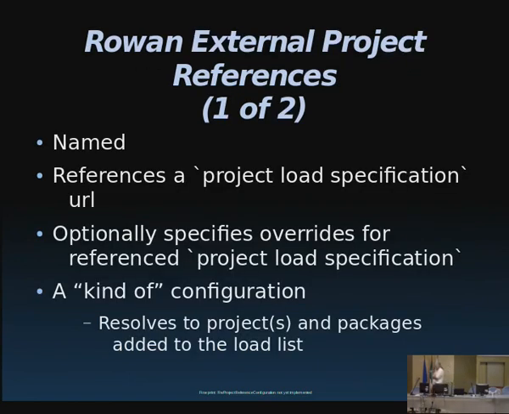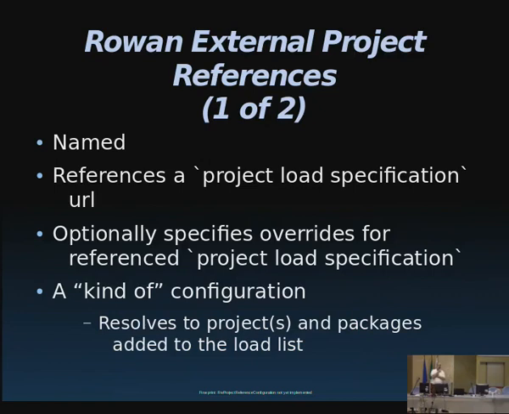One of the other features of Metacello is external project references, and again, they're objects, they're named, and they reference a project load specification URL. So it mirrors what you would do if you had written a Smalltalk expression to do the load of a particular project. And it's a kind of configuration, all right?